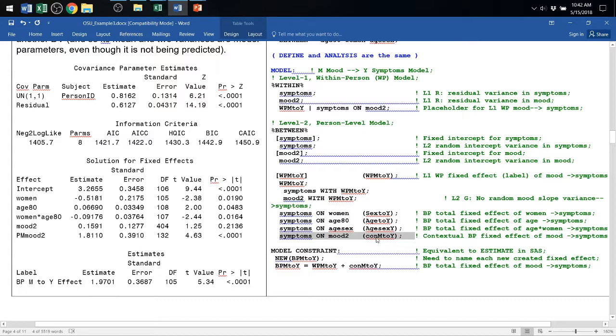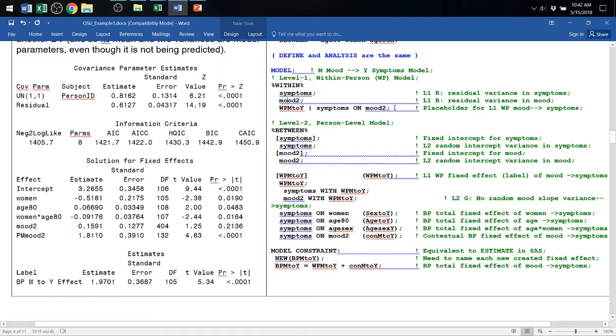And note what I've labeled it. Because I used a placeholder to define a level 1 relationship, my level 2 affective mood that goes with it is contextual. So to recap, I did not brute force partition mood. I let the model do it. It was happy to make me a residual variance and a random intercept variance.